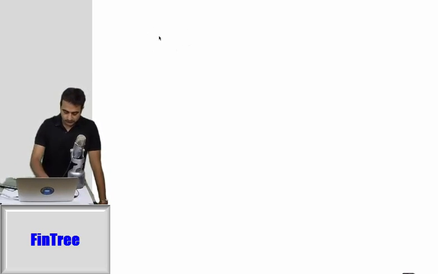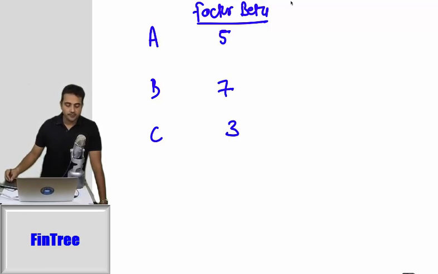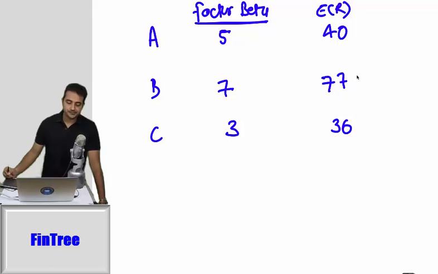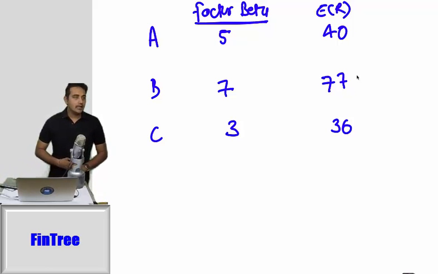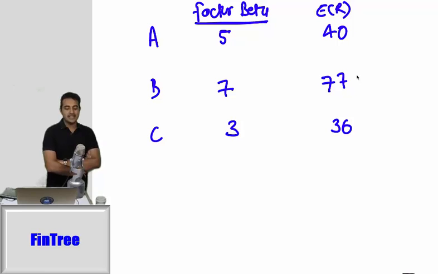So three stocks, A, B, C, factor betas 5, 7 and 3, and the expected returns 36, 40, 77. Try to find arbitrage opportunities.